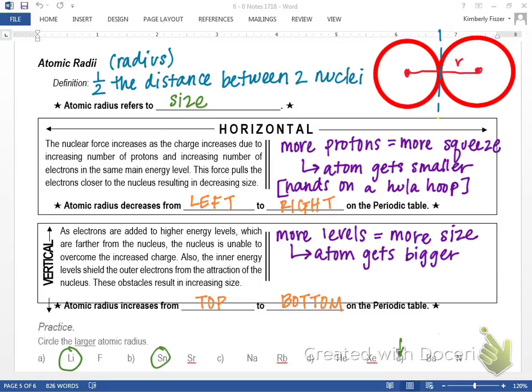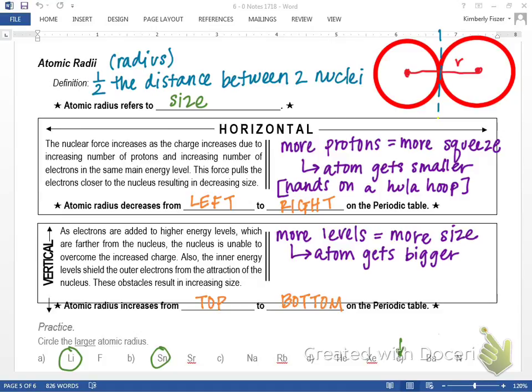Next up, sodium and rubidium. 2 fingers. Are we looking side to side or up and down? Up and down. What am I adding every time I move down a row? It gets bigger because I'm adding another ring. So who's got more rings, sodium or rubidium? Rubidium.